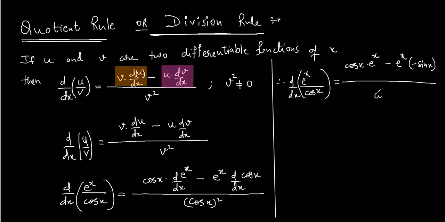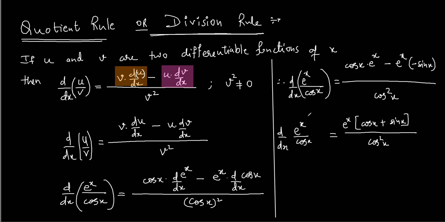And here you have cos square x. Then you will have a plus sign here and take e raised to x common. So you get e raised to x times cos of x plus sine of x upon cos square x.